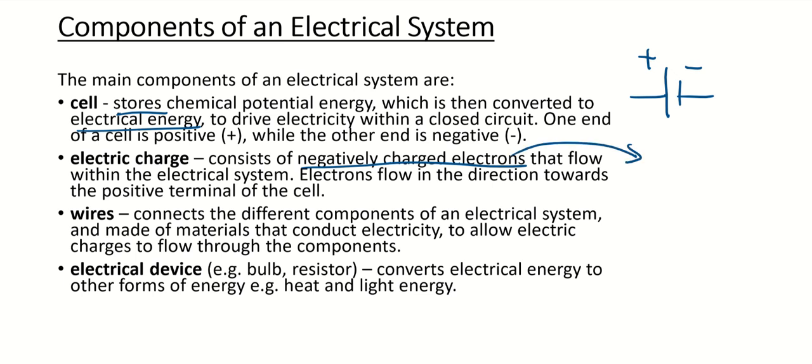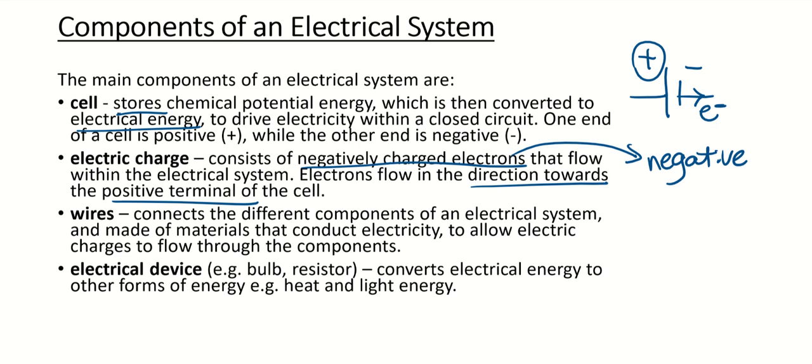Bearing in mind electrons are negative, I'm going to have electrons coming out from the negative terminal. Okay, now electrons flow in a direction towards the positive terminal. Why? Because if this terminal is positive, electrons being negative will be attracted towards this positive terminal.